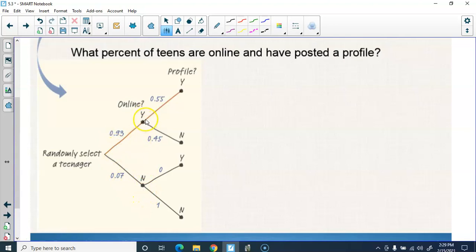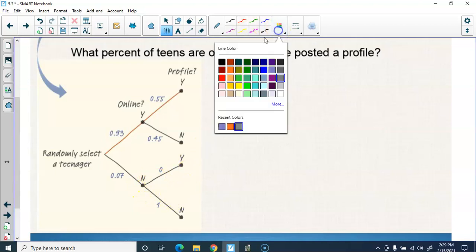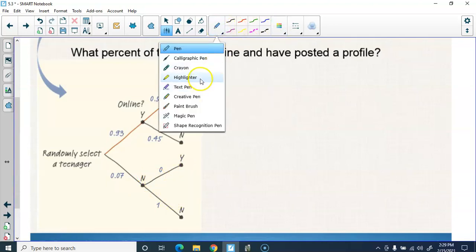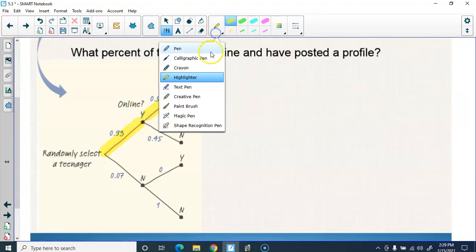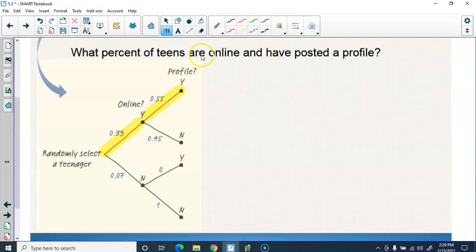If you're online, do you have an online social networking profile? Yes or no? So it says 55% of those online have a profile, so 45% don't. And then, of course, over here, if you don't have an online presence, you certainly don't have an online profile. And to find the probability of yes, online, yes, a profile, you follow that specific branch.